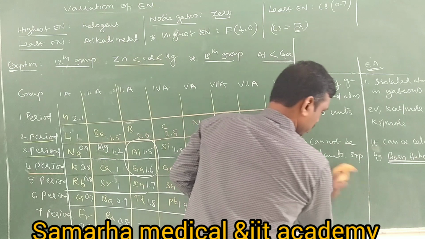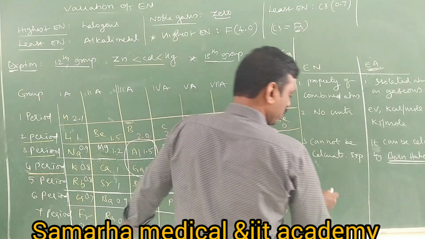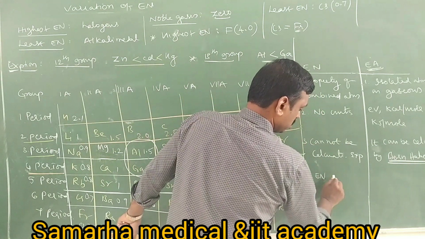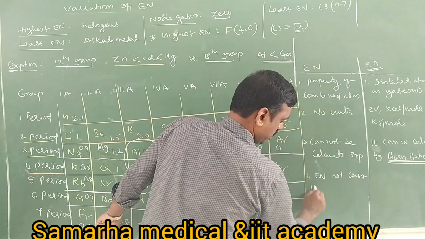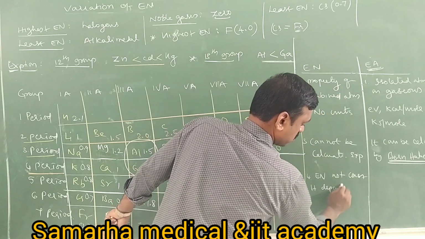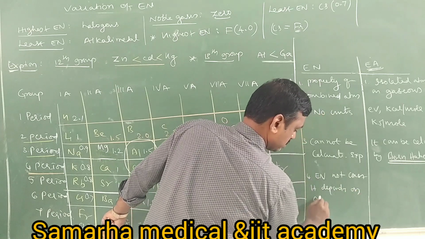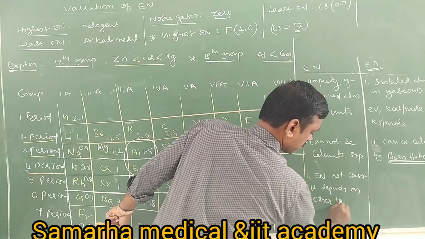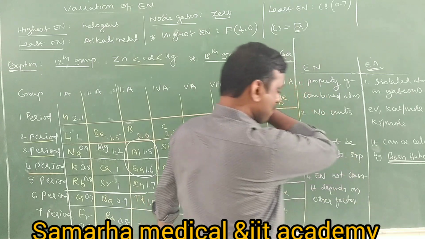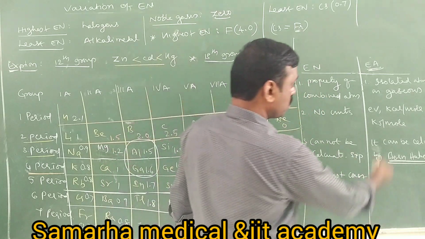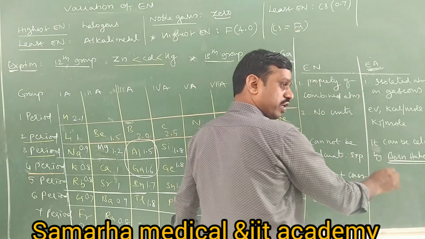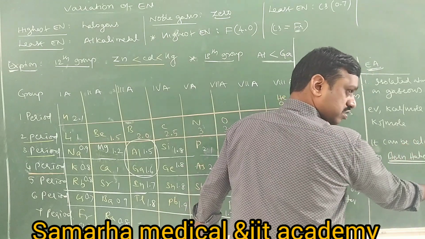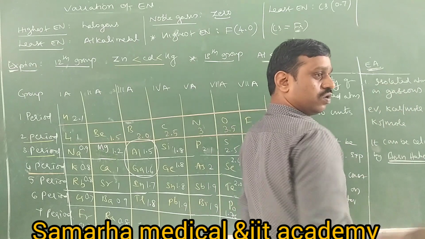Electronegativity, the value of electronegativity is not constant, it depends on other factors. Then what about electron affinity? It's a constant. For example, for fluorine, if the electron affinity is some value x, it should be x only.